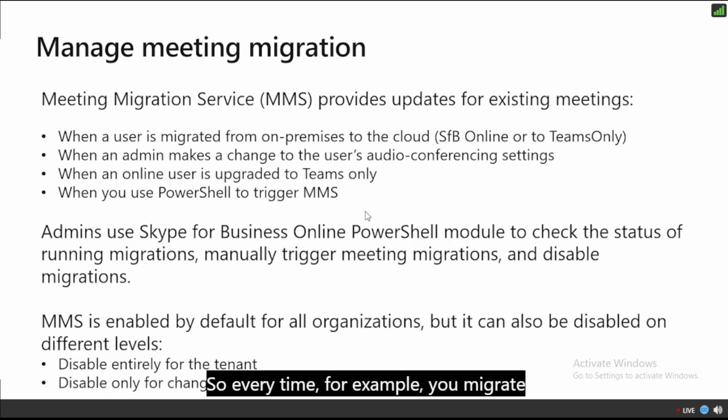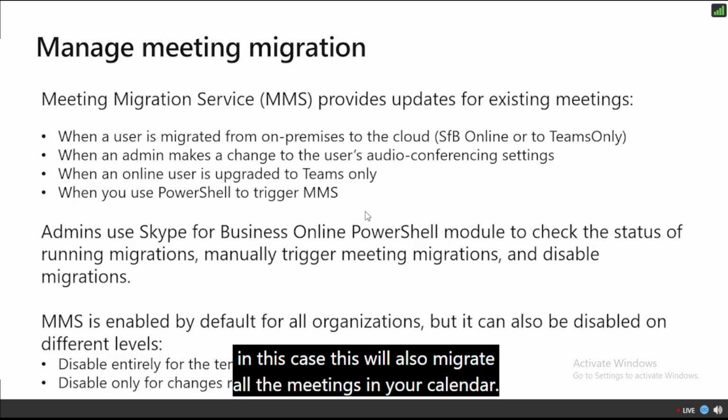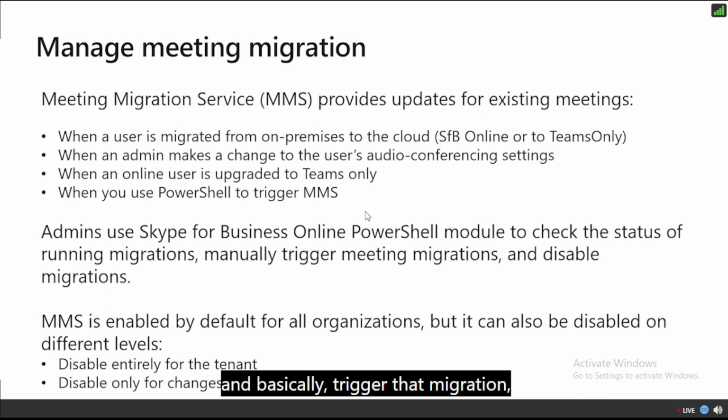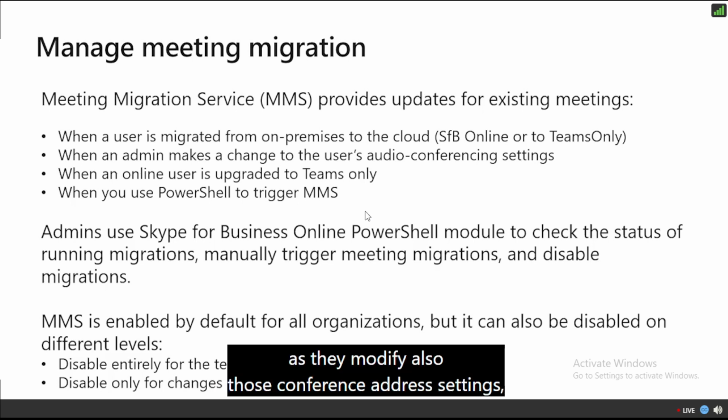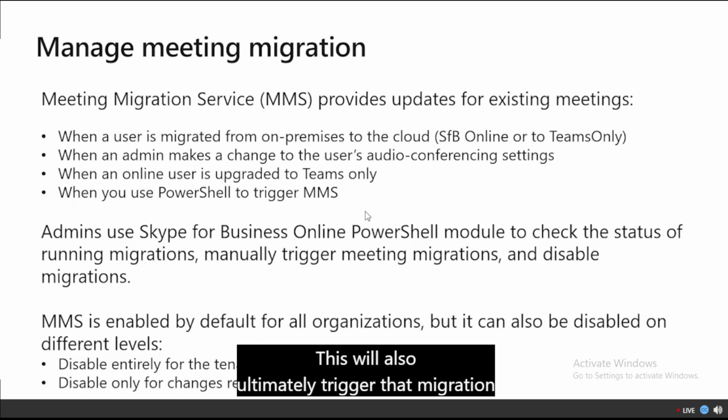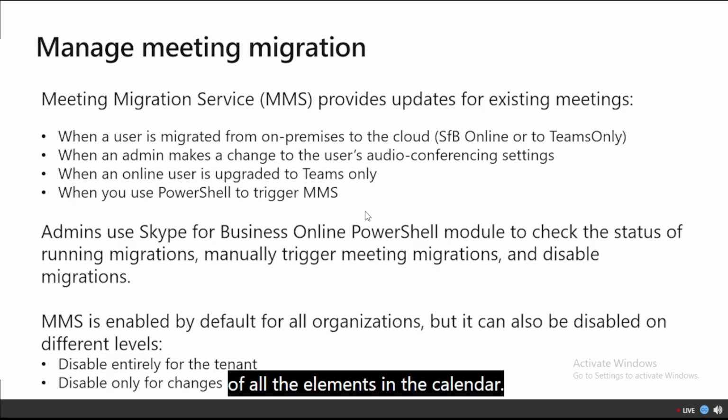So every time, for example, you migrate online, this will also migrate all the meetings in your calendar. Keep in mind there are multiple ways to trigger that migration. An administrator can modify the audio conference settings, for example so I can use the conferencing capabilities in Teams, and as they modify those settings, this will automatically trigger that migration of all the elements in the calendar.